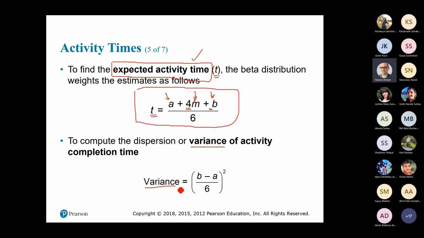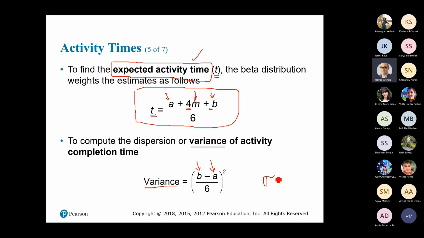So variance is calculated as the pessimistic time minus the optimistic time divided by 6 squared. Okay, so this is the formula that you use in order to calculate the variance. And after you calculated the variance, you are able to calculate the standard deviation.